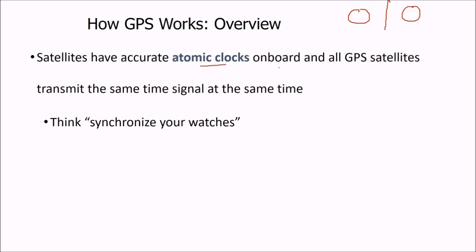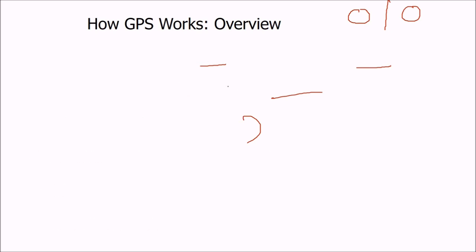Very accurate means that in millions of years they will lose just a nanosecond. All GPS satellites transmit the same time signal at the same time, as if they all synchronize themselves.